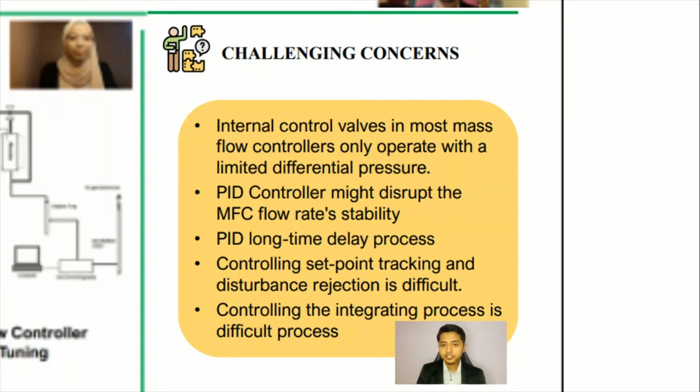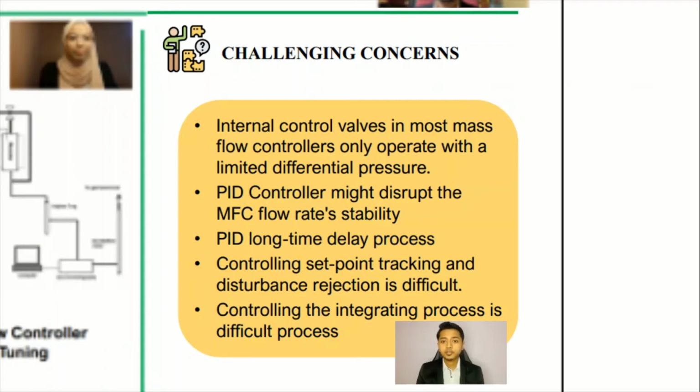Other than that, differential and fluctuation in downstream pressure might disrupt the MFC flow rate stability because the PID controller must respond to fluctuating pressure. Moreover, the usage of a PID controller may also affect the performance of the sulfur dioxide reduction process, since for an integrated process with a long time delay, a PID controller shows poor control performance.